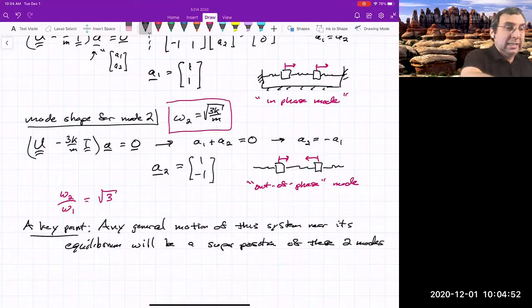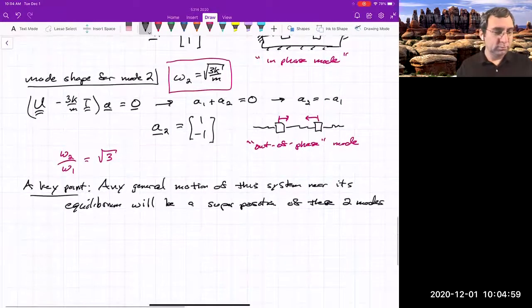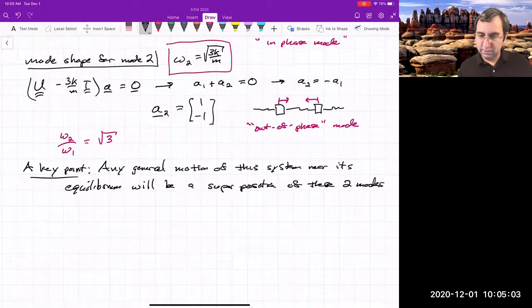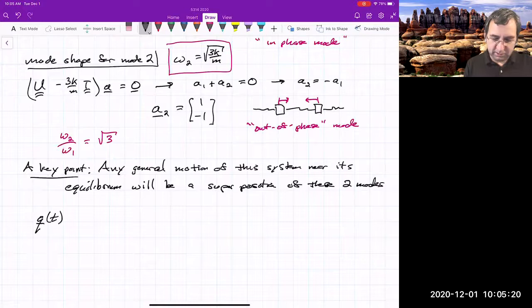Any motion, which is kind of weird, but that's just how it is. So we'll have the sum of these two things. Let's write Q as a vector, as a function of time.